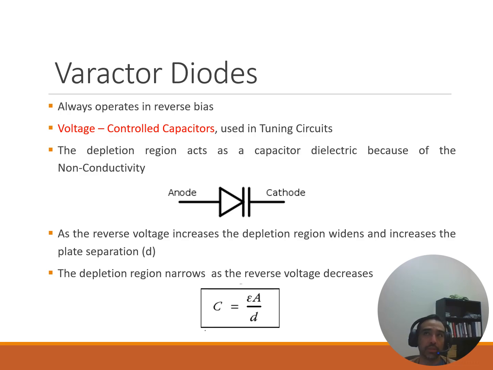So as the reverse voltage increases, the depletion region widens and increases the plate separation. If you remember going back to the lectures on capacitance, how you calculate capacitance, the distance between the plates is actually, what's that, inversely proportional? No, it's directly proportional to the capacitance. So this is what we're doing here.